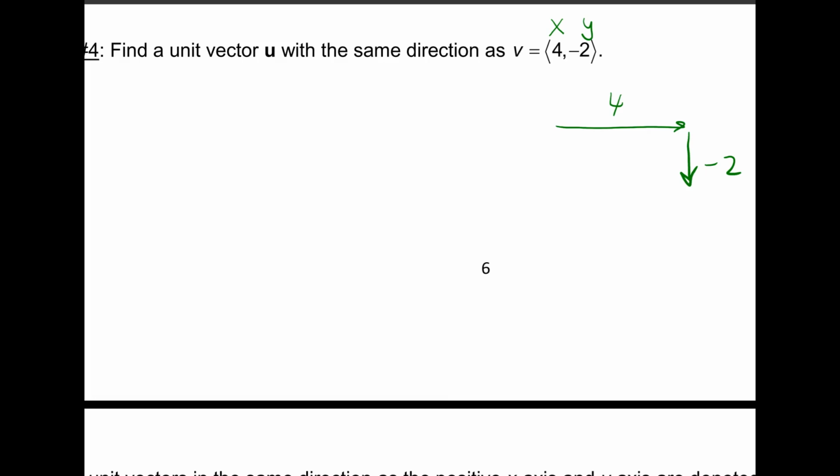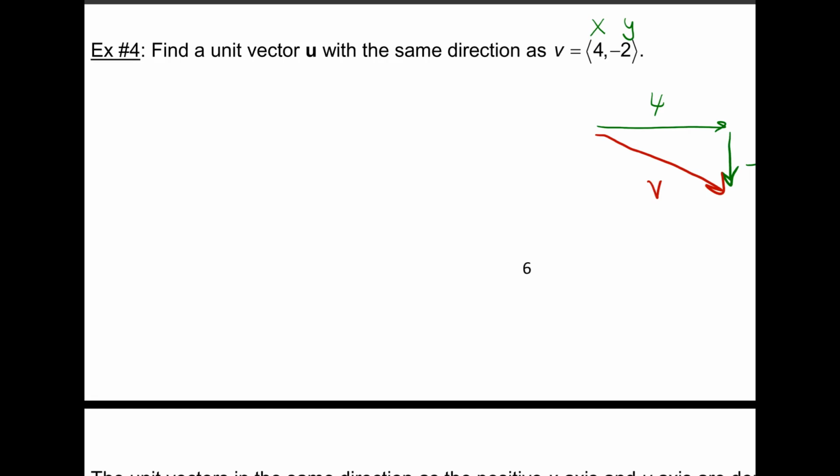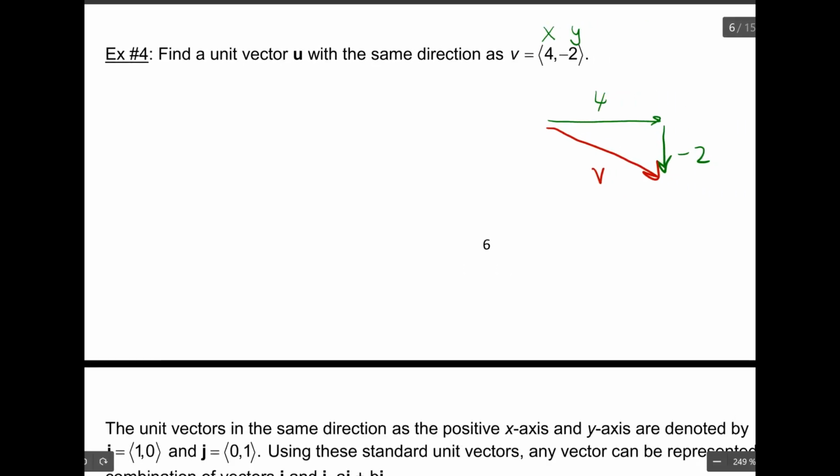Alright, so the first thing I'm going to do is find the magnitude, the length of our vector v, the resultant.